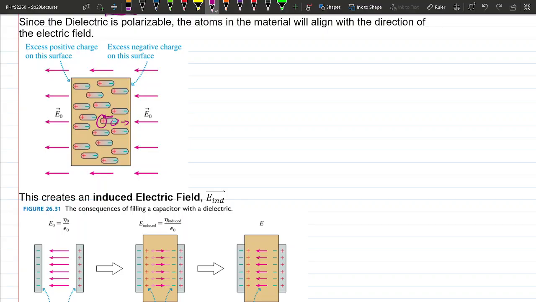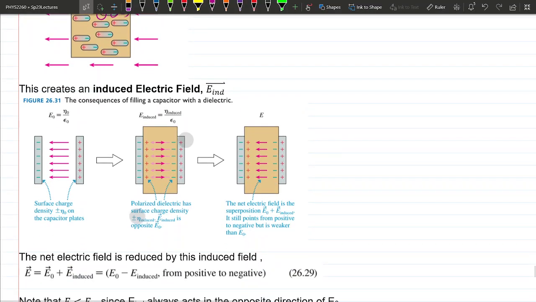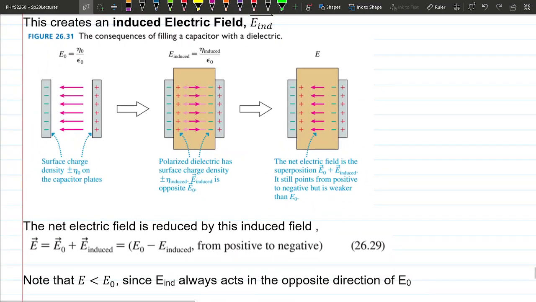So what would happen is that when you put this material between two parallel plates, remember, if it was in a vacuum, there's just a constant electric field between the two plates from the positive to the negative end. When you put this material between the two, it basically creates an induced charge, and therefore it partially offsets the electric field that was created inside.